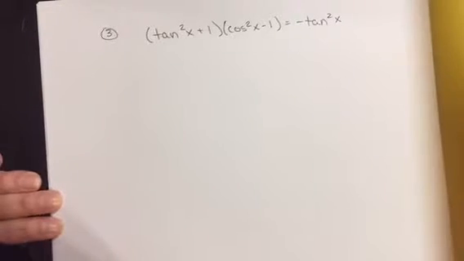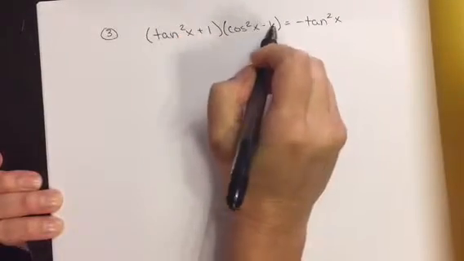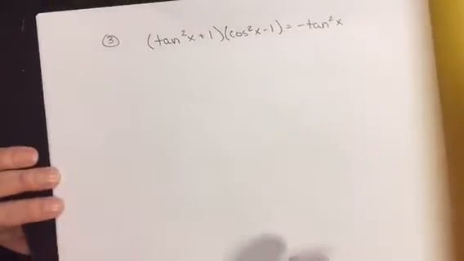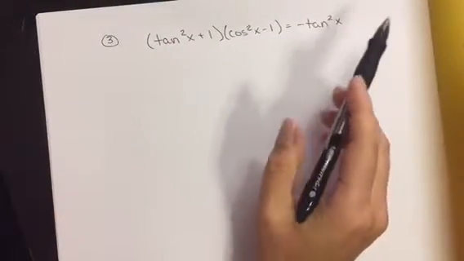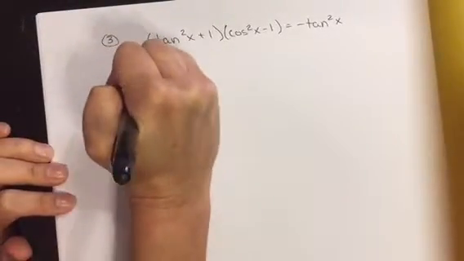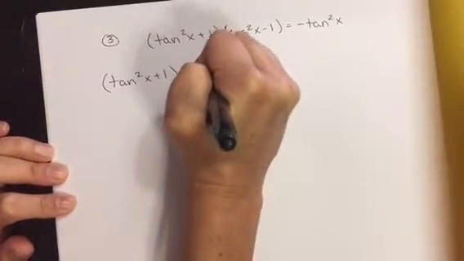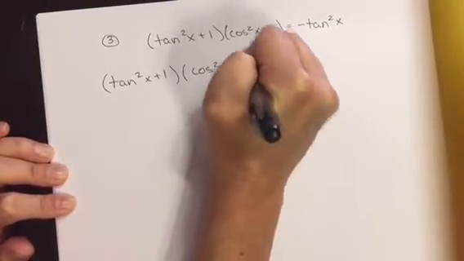Okay, and again, I'm going to use the more difficult side of the equation and attempt to make it negative tangent squared x. So I'm just taking this side, I'm going to rewrite tangent squared x plus 1 times cosine squared x minus 1.